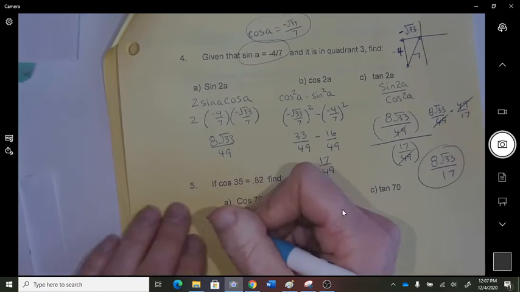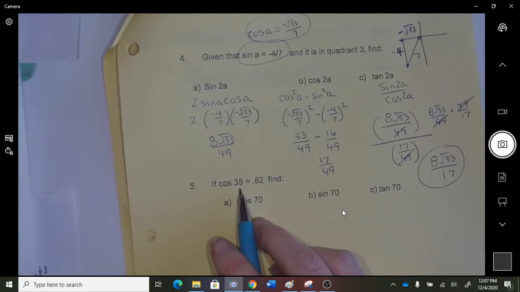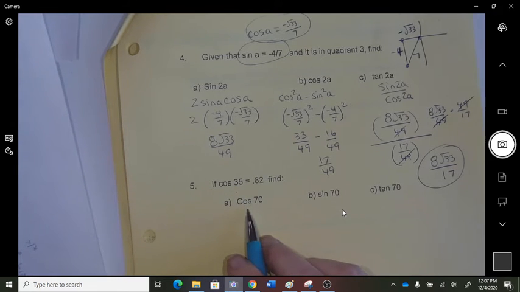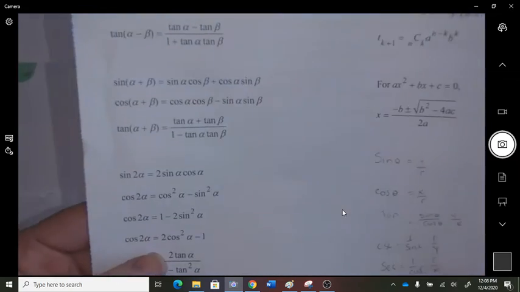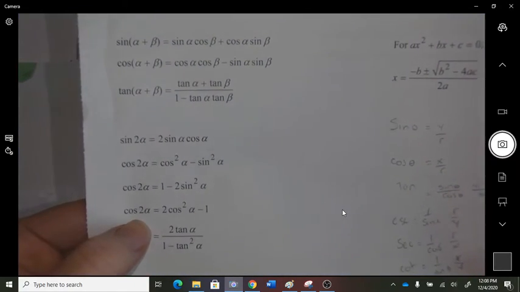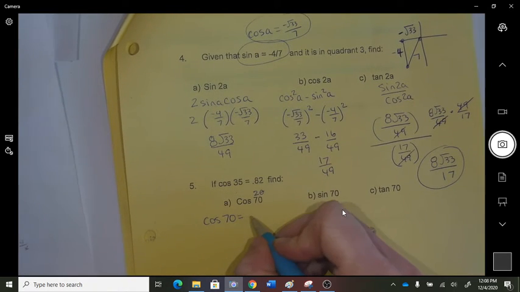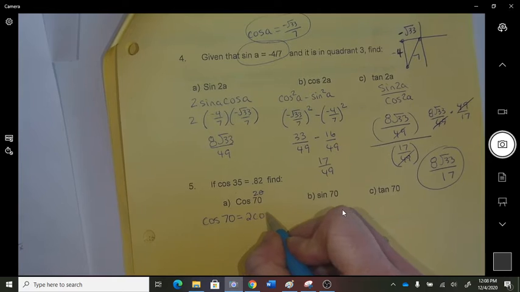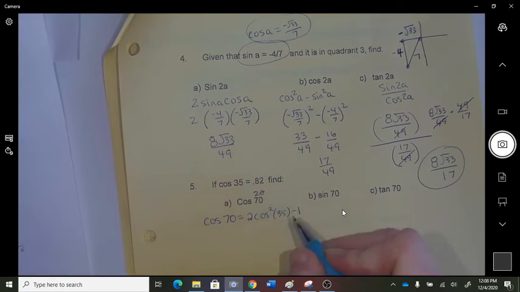Okay, number 5 is one that I told you to skip. I will do this for you anyway, but we can skip it. So I'm telling you what a cos value is, and I'm asking you to find the cos of 2 angle, essentially, right? So I'm going to use this formula here. cos of 70, which is this 2 angle, would equal 2 cos squared of 35 minus 1.